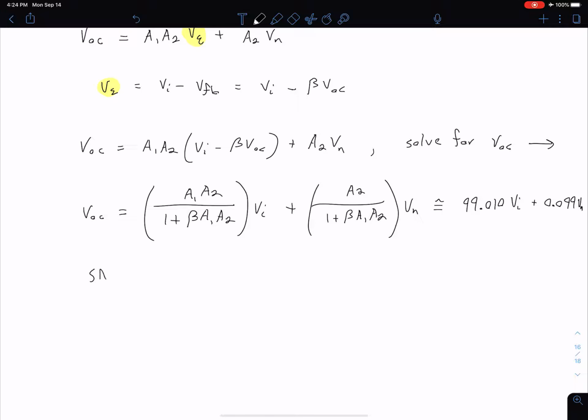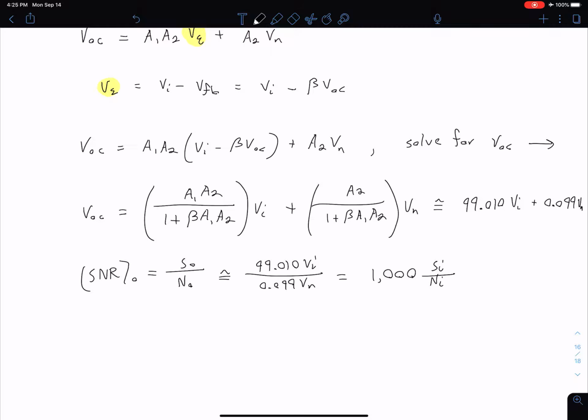So we go to calculate our signal to noise ratio of our output, and that's going to be our output signal divided by our output noise. And we get that that is approximately the 99.010 VI divided by our 0.099 Vn, and this is equal to 1000 SI divided by Ni. So now we have a signal to noise ratio of 1000.